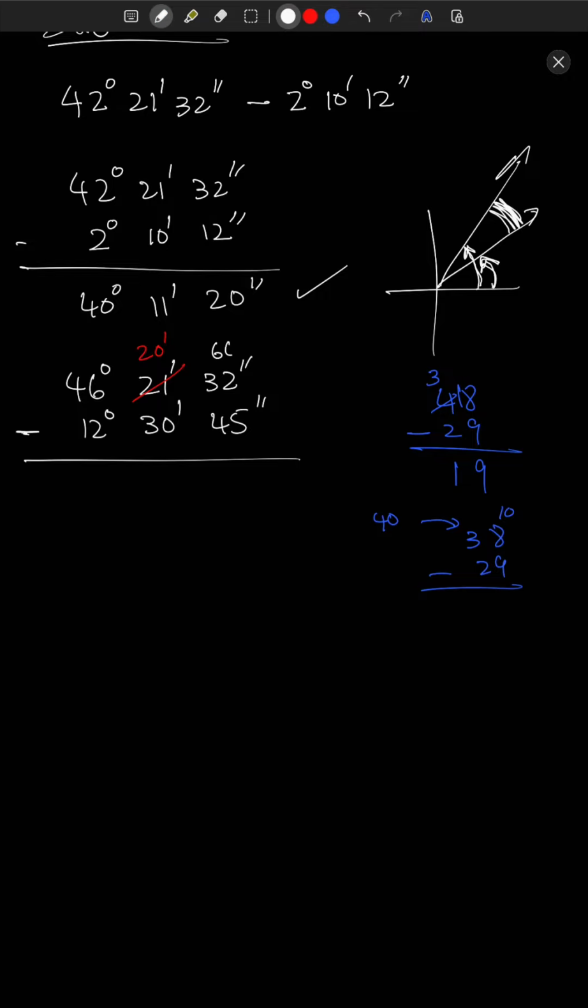So this is going to be 1 minute, which is 60 seconds. All right. Well, 60 seconds plus 32 seconds, when you subtract 45, is going to be a positive number, right? So now we can do comfortable subtraction without having to think about negative numbers, all right?